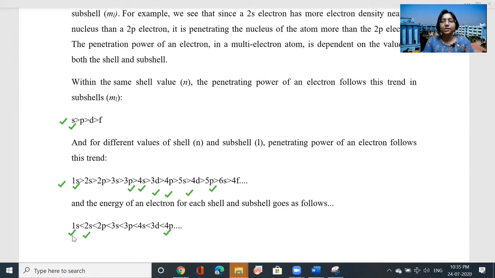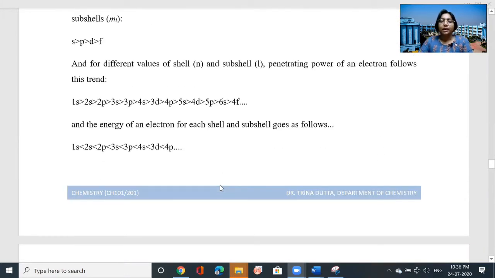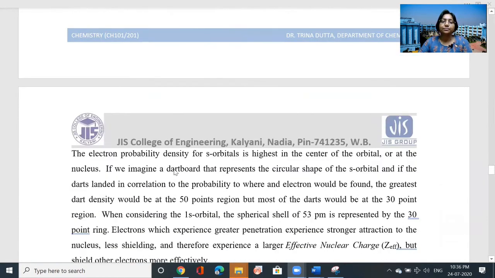When the distance from the nucleus increases, the energy level of the shell increases. When an electron goes from a higher energy level to a lower energy level, it releases energy. And when it moves from a lower energy level to a higher one, like from 1s to 2p, it will absorb energy.